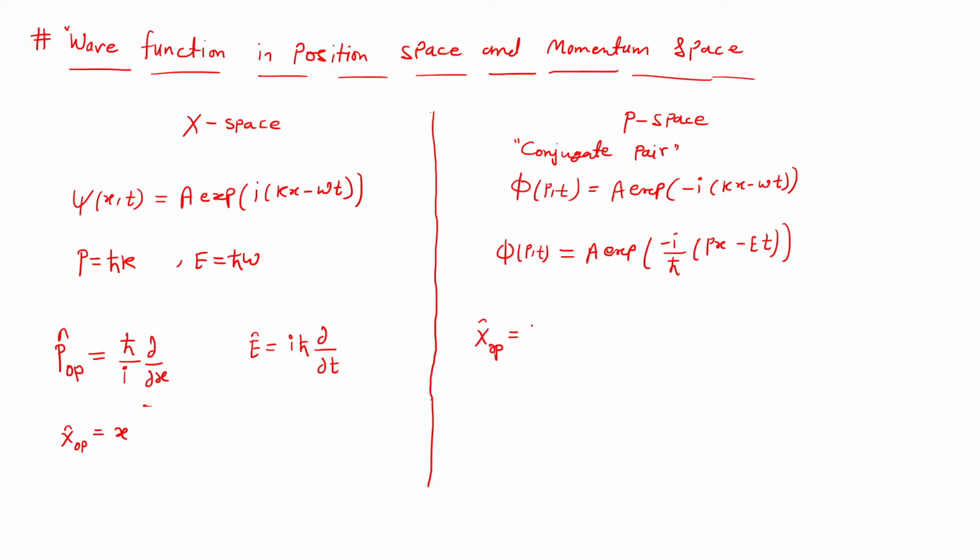So h cut upon i will turn out to be minus h cut upon i, and del over del x you will replace by del over del p, because we are in the momentum space now. So the position operator will be defined, and the energy operator also will change with the negative sign, because momentum space is the conjugate pair of the position space, and the p operator will remain itself as p.